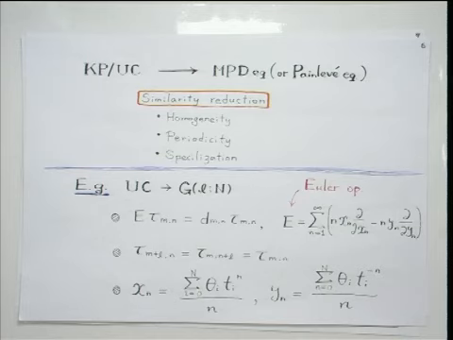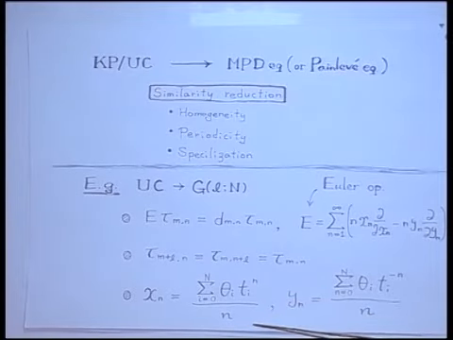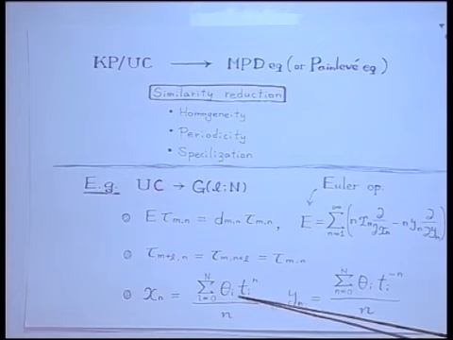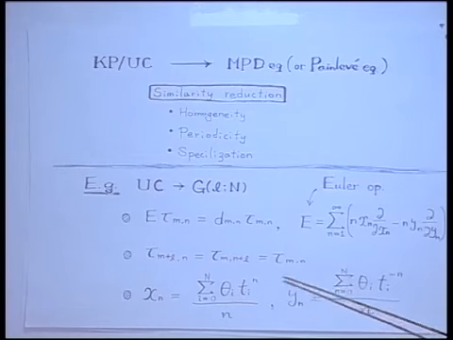And of course, this equation, the KP or UC hierarchy, has infinitely many time variables. So we need to make a specialization on the time variables. In this case, we set xn and yn as a power sum with the constant coefficient theta.